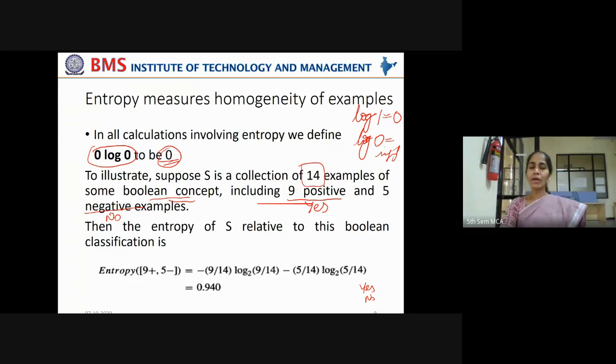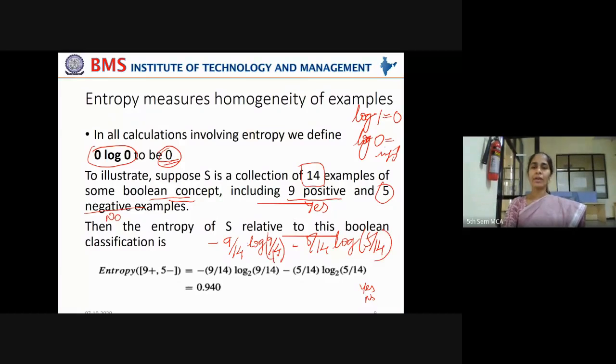Then the entropy of S relative to this Boolean classification is, can anybody quickly calculate and tell, what is the proportion of positive examples? 9 out of 14. Apply the log: minus 9 out of 14 log 9 out of 14, minus what is the proportion of negative examples? 5 out of 14. Out of 14 examples, 5 are negative classes. So 5 by 14 log of 5 by 14.